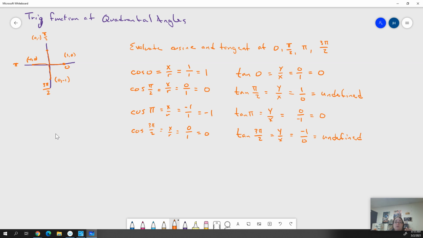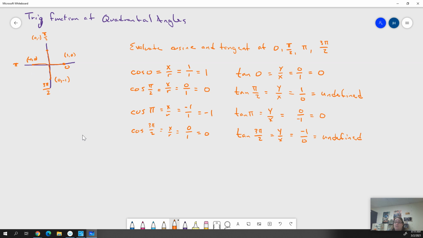So if you saw cosecant or cosine, if say it was, let's see, cosine is x over r, so secant would be r over x, right? So it would be 1 over 1 here, and 1 over 0 here, and 1 over -1 here.